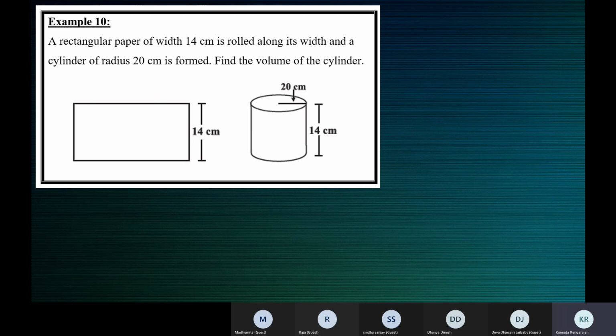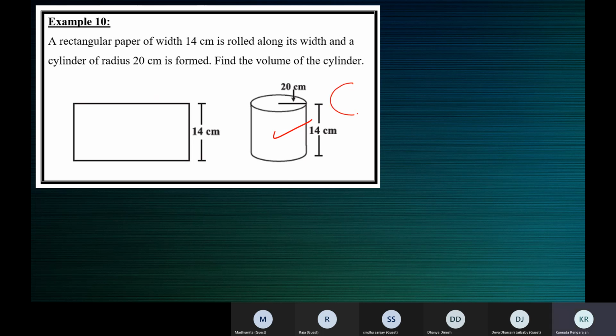You stack the circles, meaning you place the circles one over the other, till it reaches a height of 14 centimeters. Then the solid obtained will be exactly the cylinder.